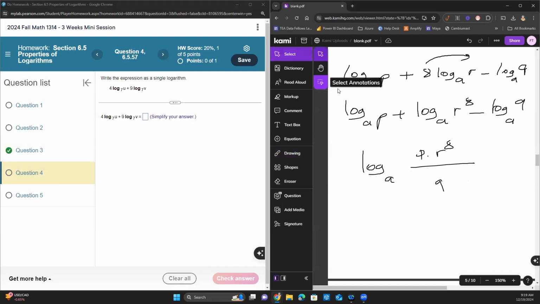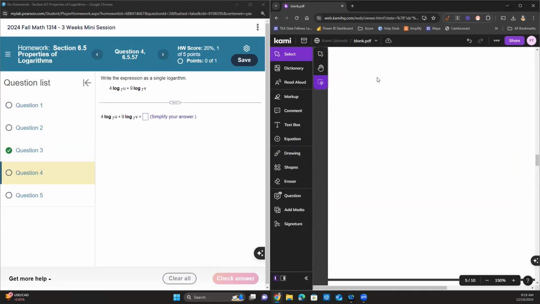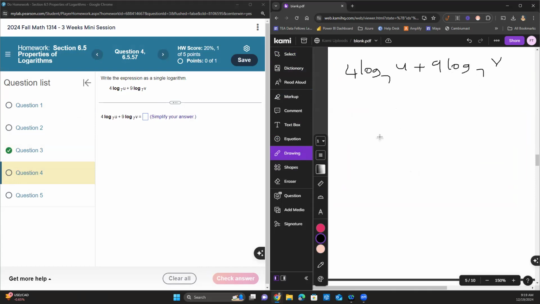For question 4 next, we have this question that I want to write as a single logarithm. It's 4 times log base 7 of u plus 9 times log base 7 of v.